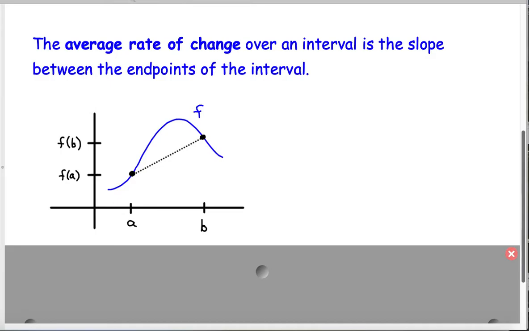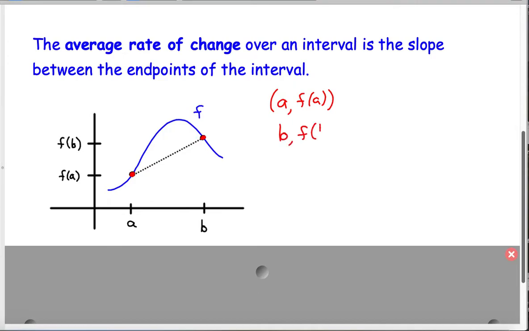So how are we going to calculate this? Instead of using x's and y's, you can see that I've labeled these 2 points. The first point, right here, would have coordinates a, comma, f of a, whatever our function f is. And the second point, right there, would be b, comma, f of b.